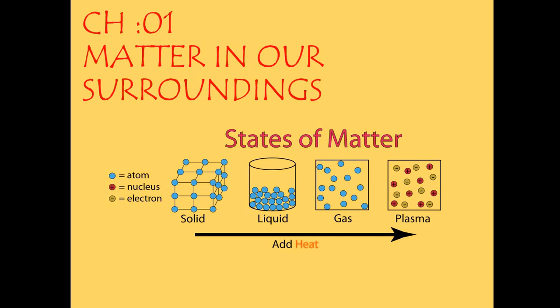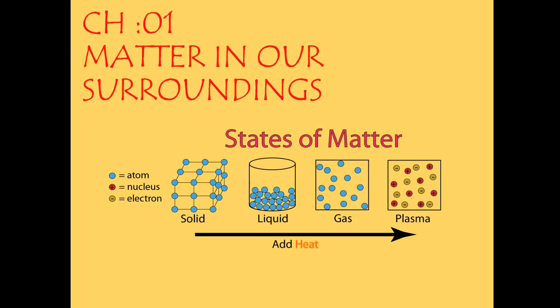They have volume and mass. If we look around us, we can see a large number of things of different shapes, sizes, and textures. Many of these things are used by us in our everyday life, like we eat food, we drink water, we breathe air, and we wear clothes.